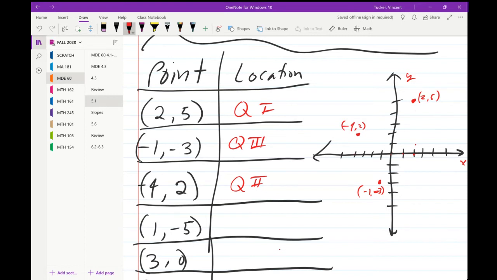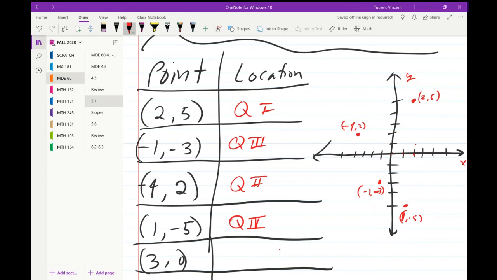Go to the right one, down 5. Yep, you got it. Q4. Any questions on those first 4 points?